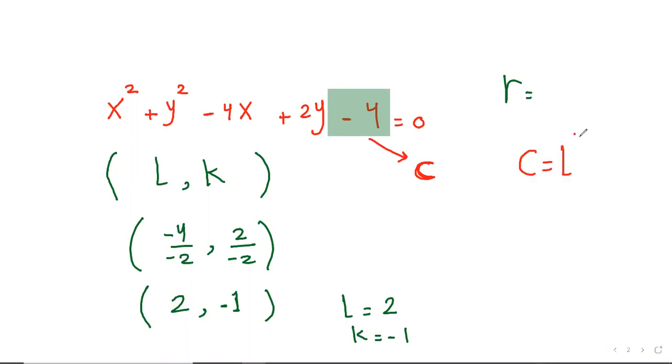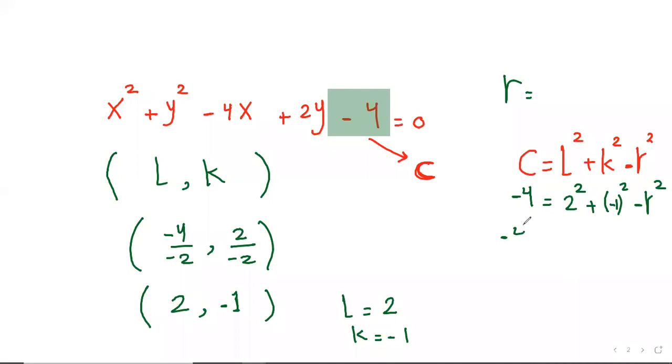And C, if you remember, equals what? Equals L to the power of 2 plus K to the power of 2 minus R to the power of 2. Then substitute here, instead of C you write negative 4 equals L to the power of 2, which is 2 to the power of 2, plus K to the power of 2, which is negative 1 to the power of 2, minus R to the power of 2.